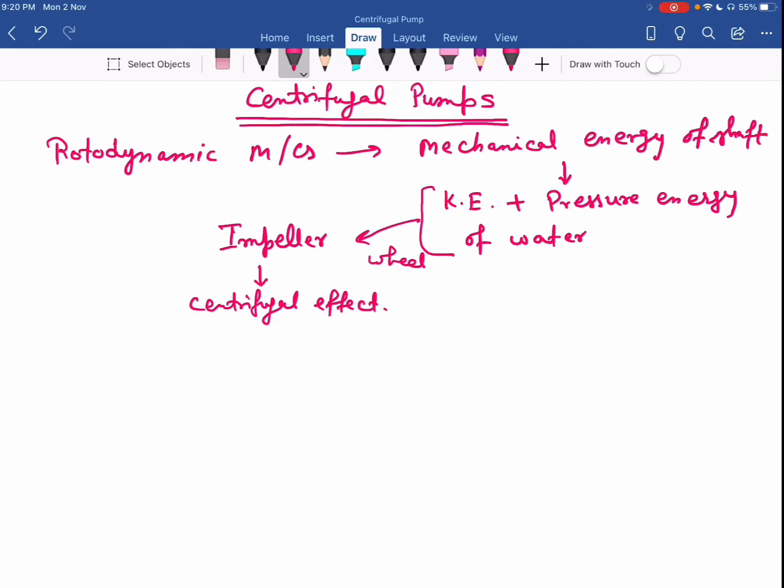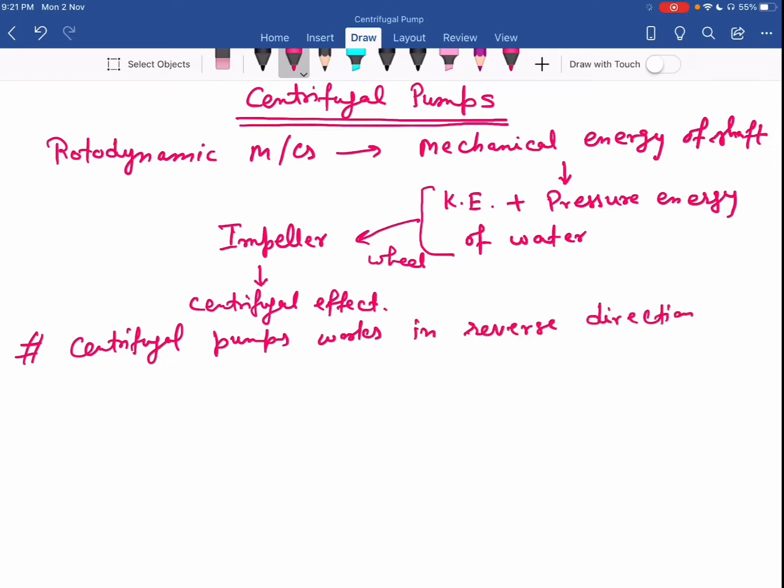So that is the main difference between the turbines and the pumps. So you can say the centrifugal pumps work in reverse direction as that of reaction turbine.